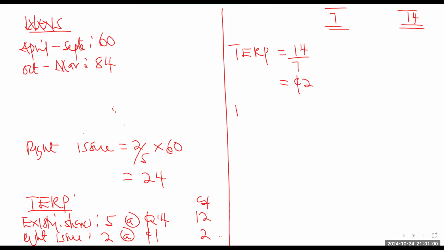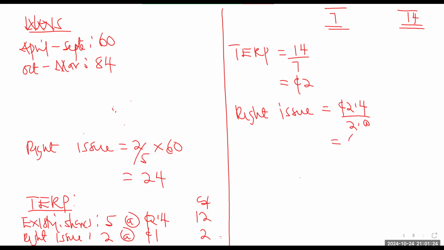Okay, what will be the rights issue fraction now? 2.4 over 2. What is the figure that you get as a fraction? 6/5.